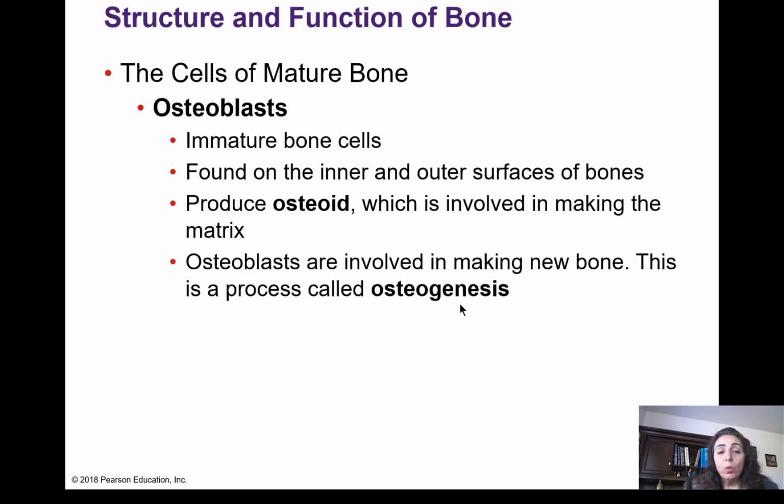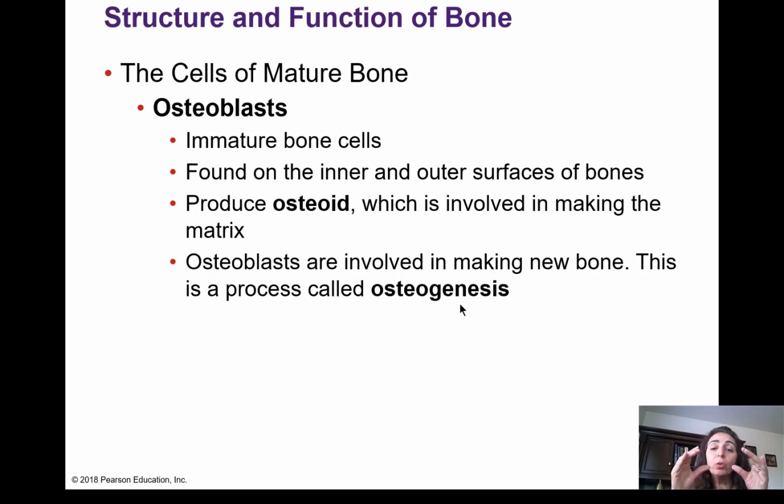Pay attention that these osteoblasts are immature bone cells. Imagine you have an osteoblast producing osteoid outside, and that osteoid makes the matrix outside, more and more, until there is no more space around for more matrix.